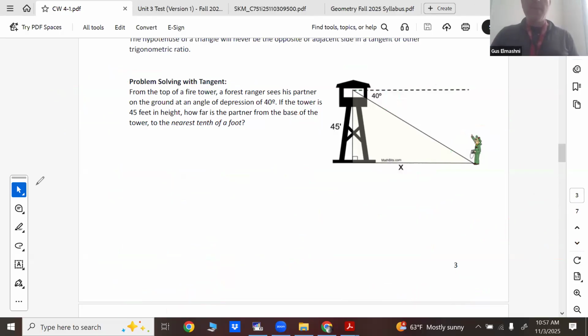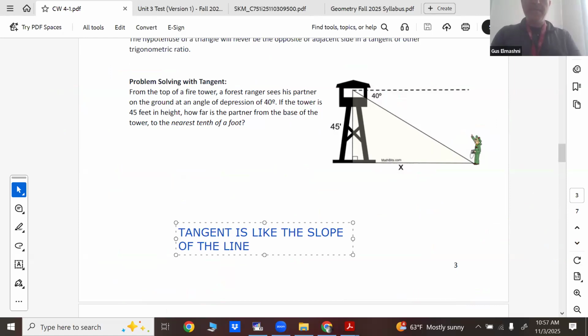Let me actually write that down because that's very important. The tangent is like the slope of the line, or hypotenuse. Actually, of the slanted line.